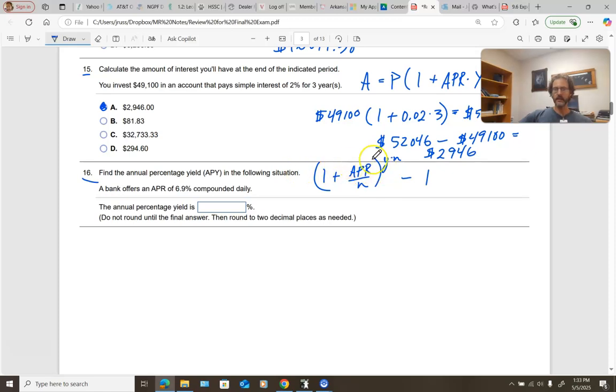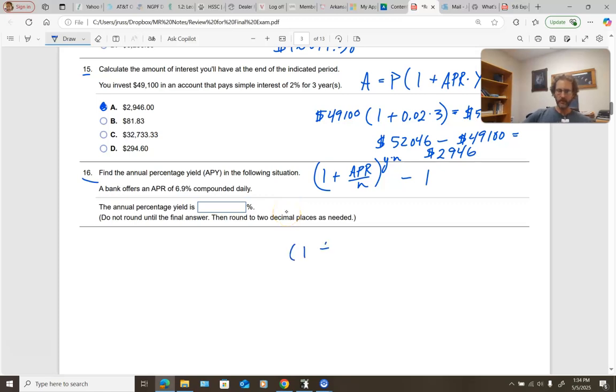This will actually calculate how much a dollar will grow to over a year. And then if you subtract that dollar, that'll tell you the actual increase of that dollar. And then, well, you have to convert it to a percent at the very end. But anyway, let's plug in these parameters, okay.